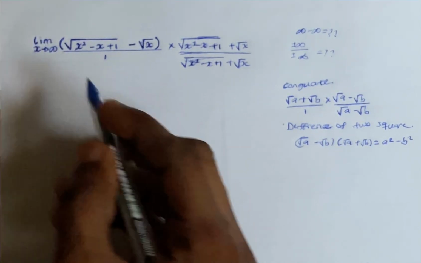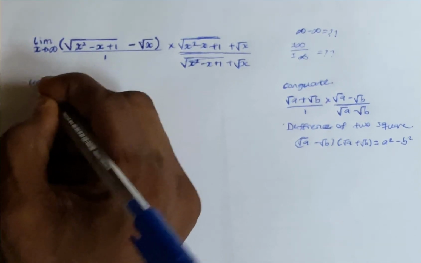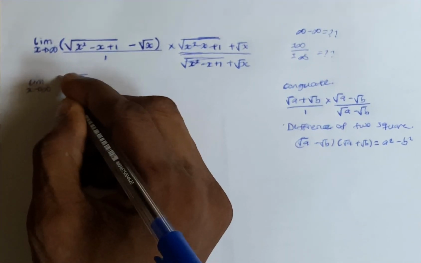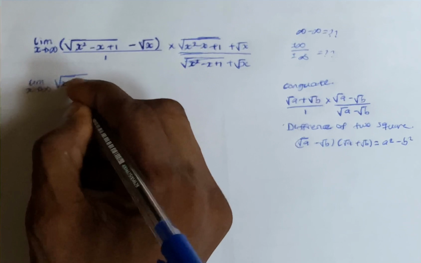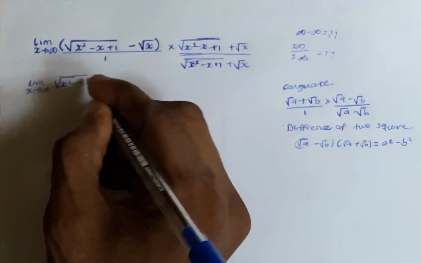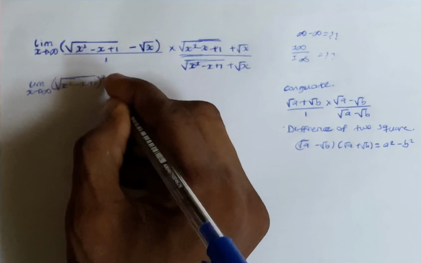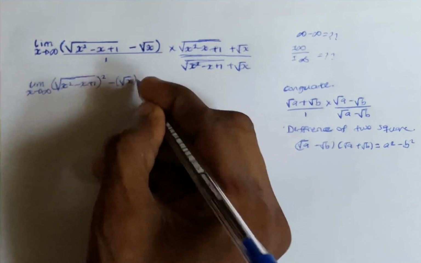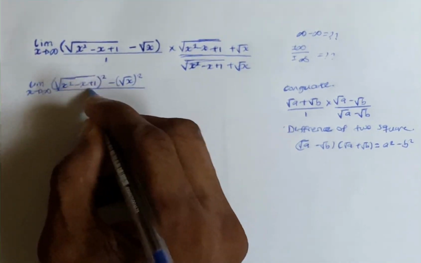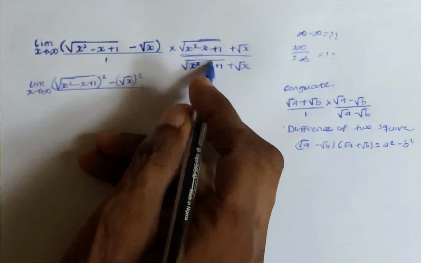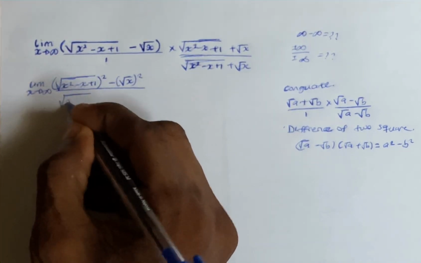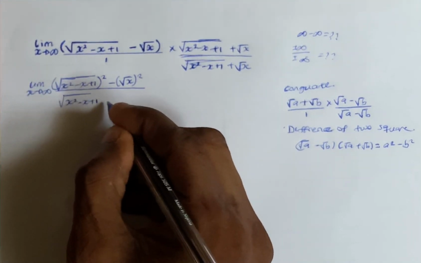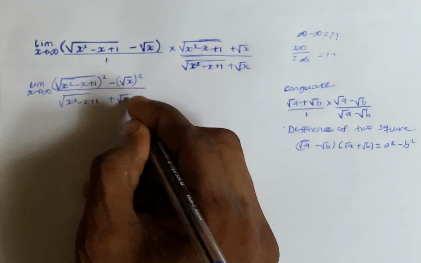So we say limit as x approaches infinity, we have square root of x squared minus x plus 1 all squared minus square root of x all squared, divided by, this 1 times this, square root of x squared minus x plus 1 plus square root of x.